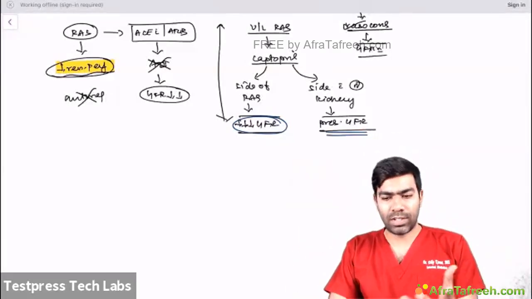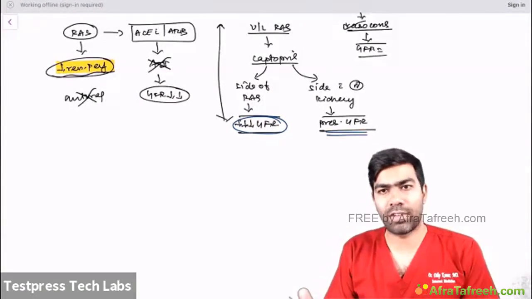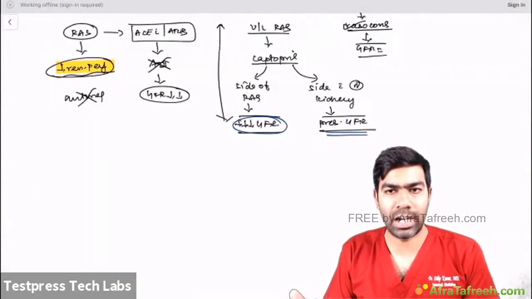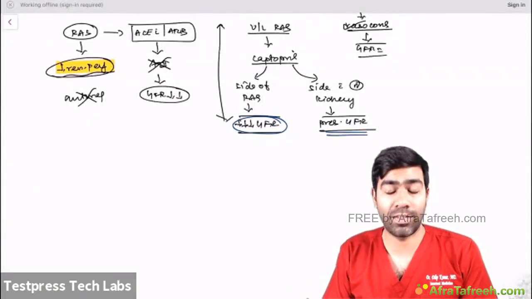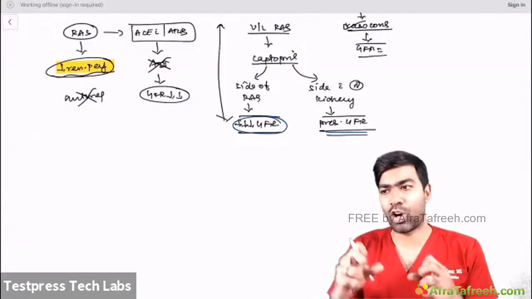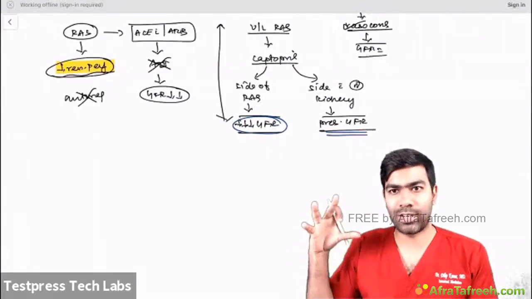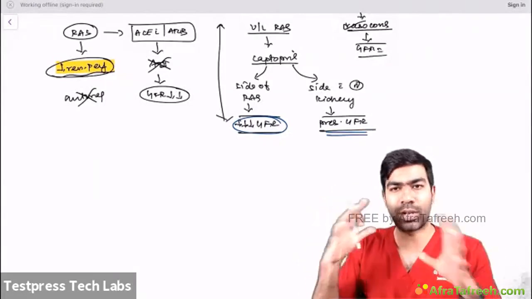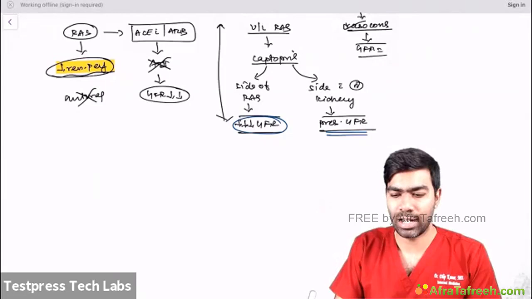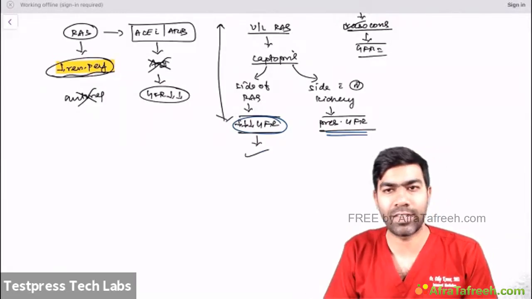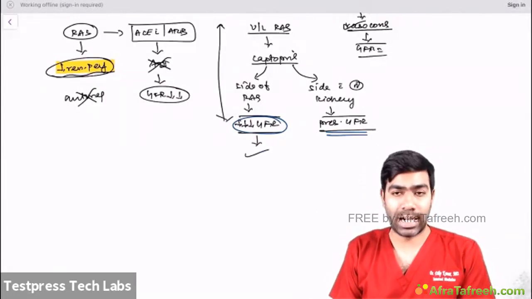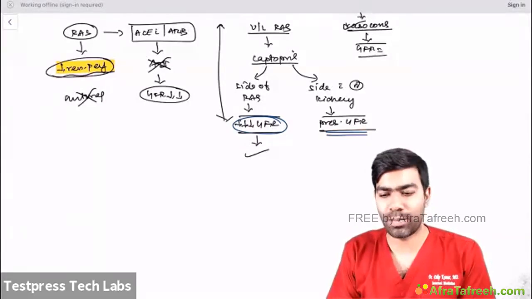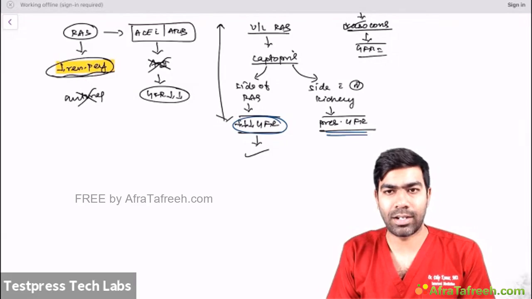So even without captopril, you can find out the perfusion using the DTPA scans or MAG3 scans. But after giving captopril, your difference will be augmented so much so that on one side there will be a dramatic tracer uptake, on the other side there will be a dramatic loss of tracer uptake, so that you can see this difference and you can tell that the side which is having low GFR is the side that is having a renal artery stenosis. And that is why the mechanism of autoregulation is very important, and that is why you need to understand the problem in the bilateral RAS as well.